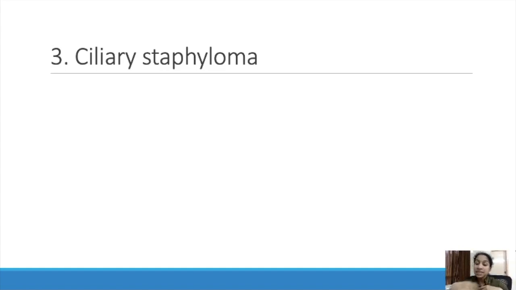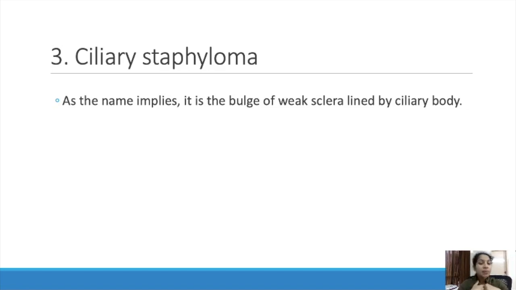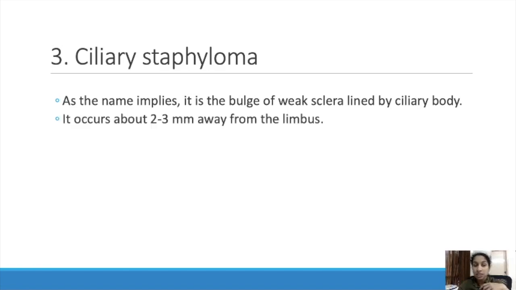Ciliary staphyloma, as the name implies, is a bulge of weak sclera lined by ciliary body. This is the scleral portion where it is lined by the ciliary body, and outer to that, if the sclera bulges, that is known as ciliary staphyloma.